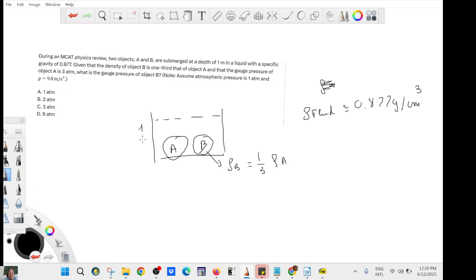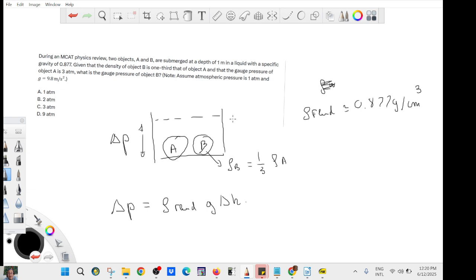But they are talking about the gauge pressure, which is the hydrostatic pressure. The hydrostatic pressure is rho of the fluid times G times delta H. So you see, it does not depend on the density of the object.